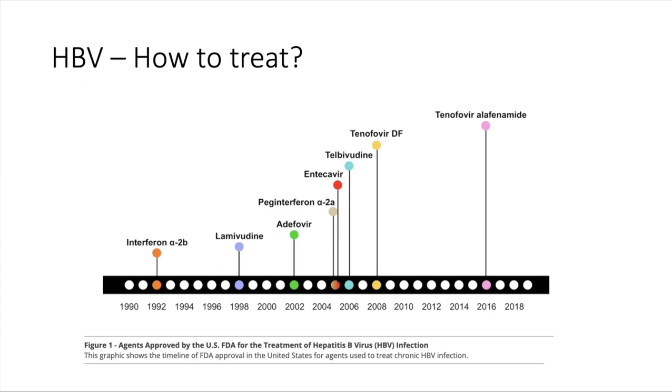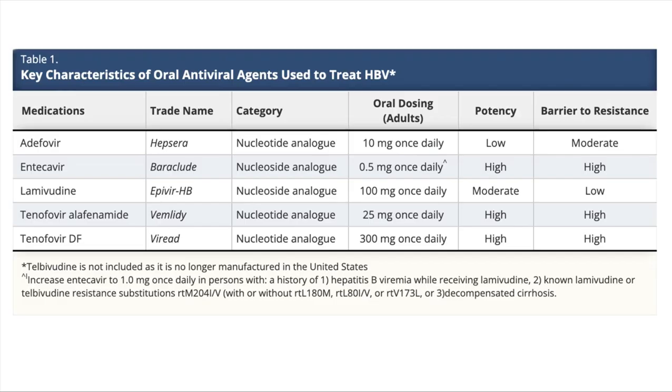Most people don't want to take this. The reason we have other options is entecavir, tenofovir in both formulations are now highly effective, low side effect drugs that people can take. And as long as they continue to take them largely indefinitely, we can control their hepatitis B. Here's the current sort of approved antivirals for hepatitis B.